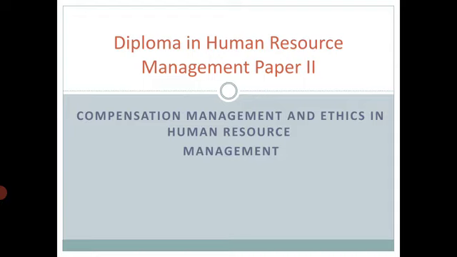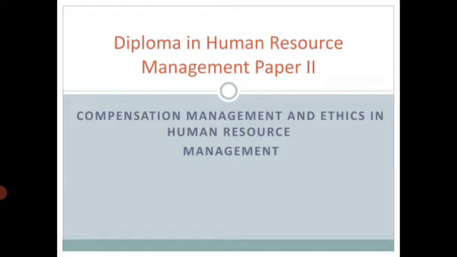We have gone through paper number 1, which was of a theoretical nature, with a weightage of 100 marks. Paper number 2 is also theoretical, with 100 marks, and paper number 3 also has a weightage of 100 marks.